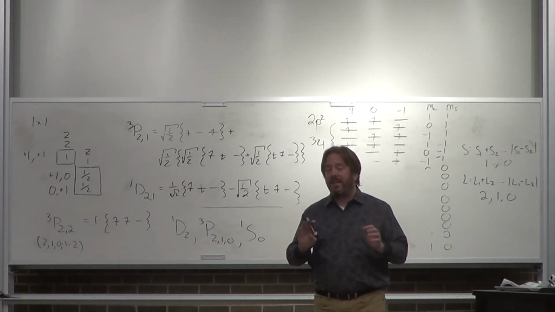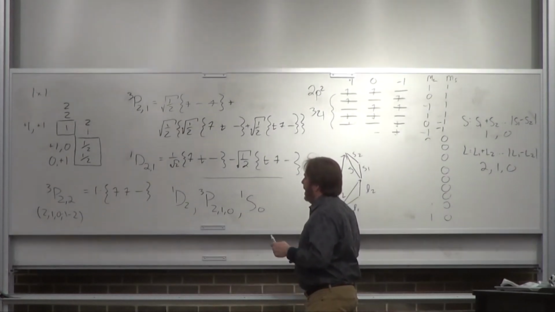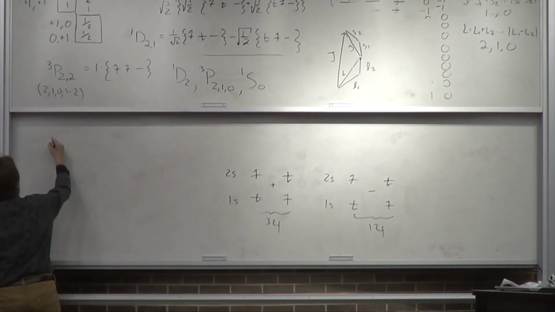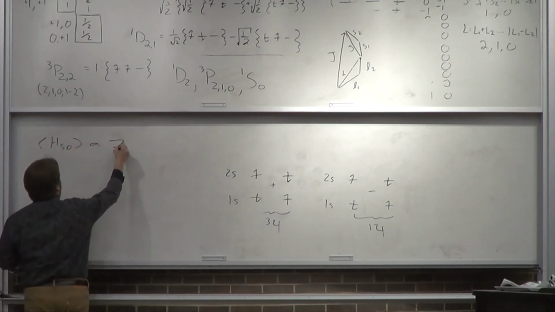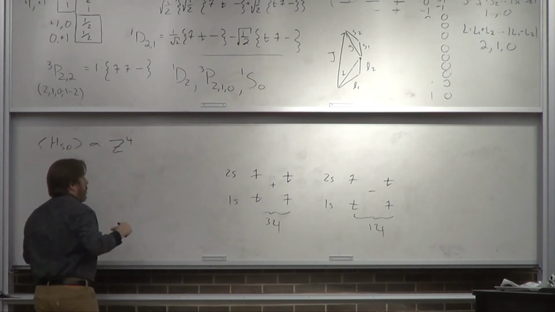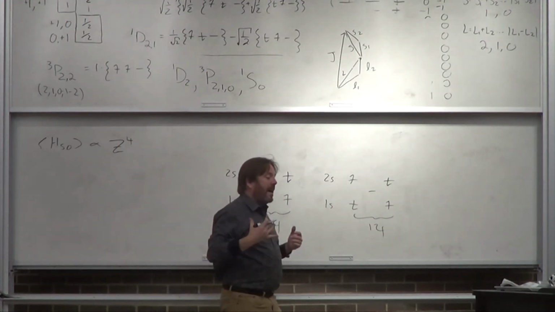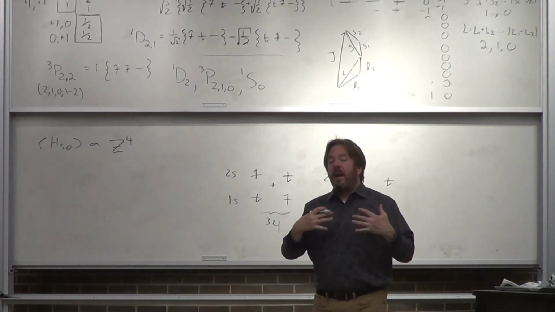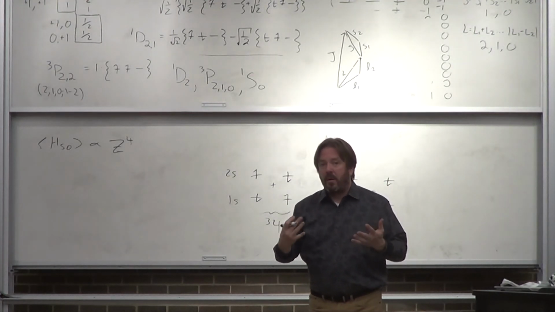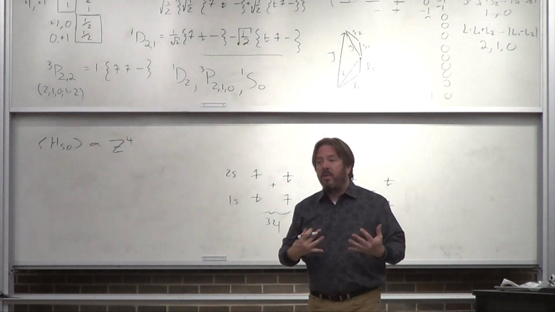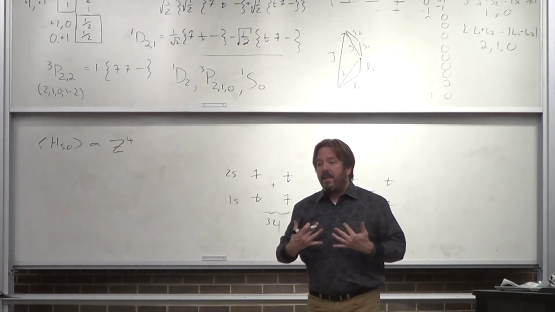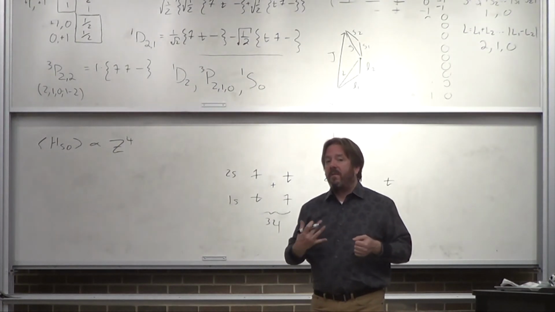Okay, now here's where things get nutty. The spin-orbit coupling expectation value is proportional to Z to the 4th. What happens is, if the atom gets heavy enough, spin-orbit coupling is more important than the Coulomb and exchange part. So that means you have to make things okay with the spin-orbit coupling first.